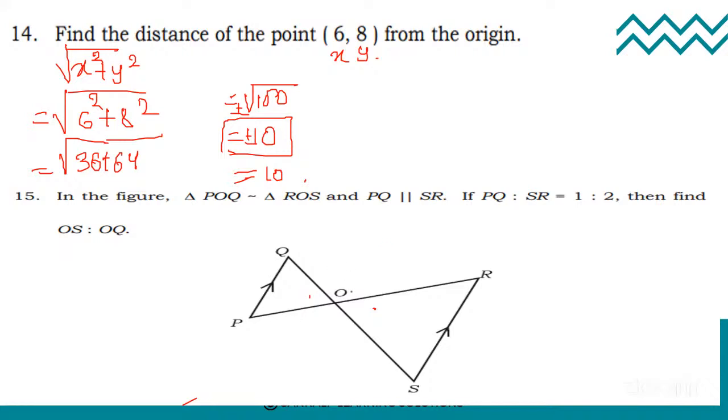That means when two triangles are similar, then corresponding sides are proportional. So OS is to OR is 2:1. Okay. OS is to OQ, right? This is OS is to OQ.